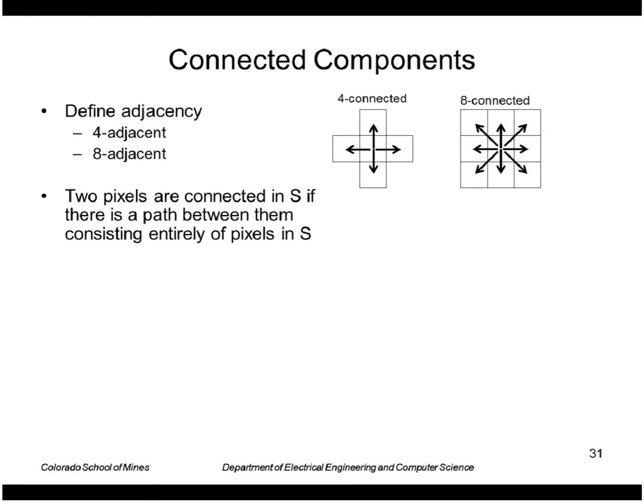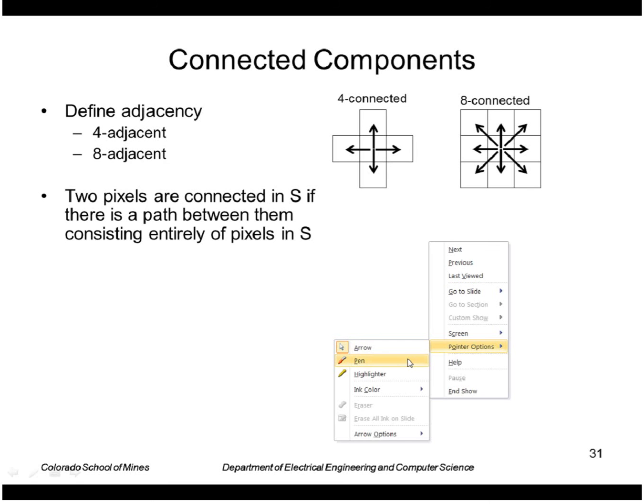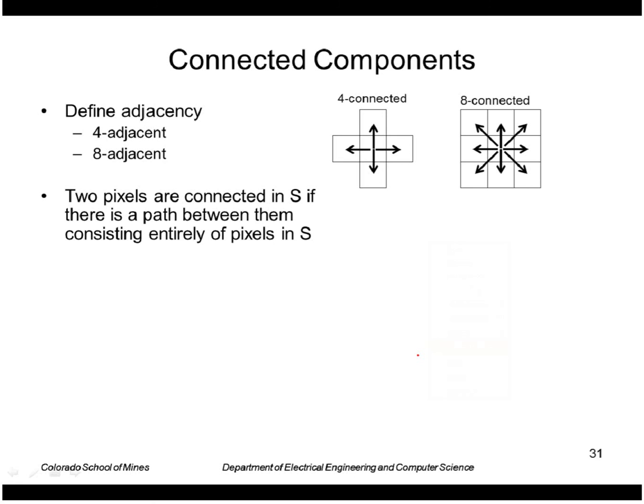So 2 pixels are connected in some set S if there is a path between them consisting entirely of pixels in S. So if I had 2 regions like this, obviously those 2 pixels are not connected, because I would have to go outside the region, and the points between them would not be part of that 8 or 4 connectedness.